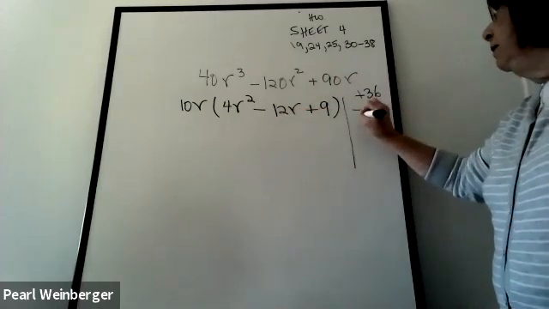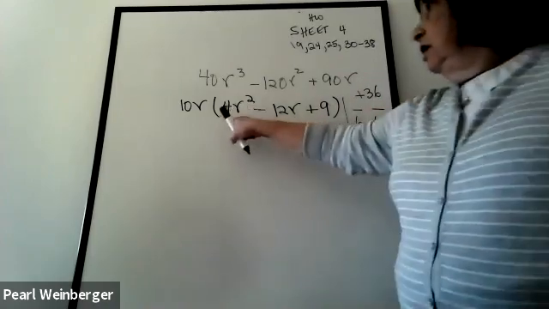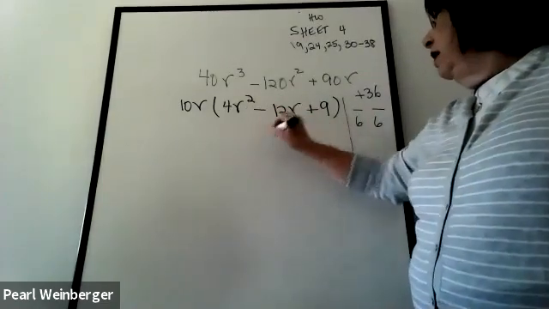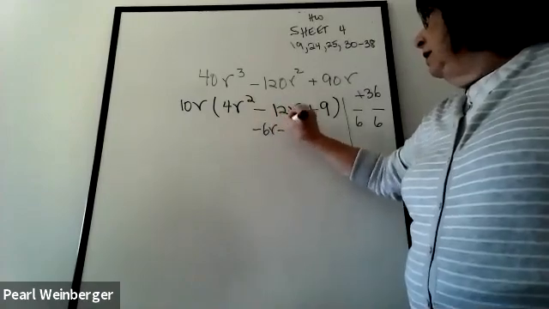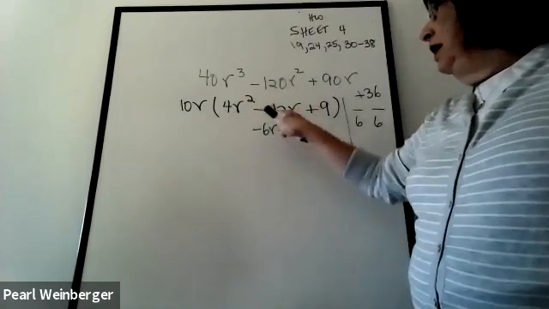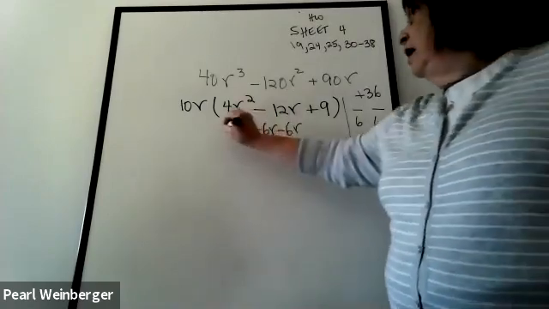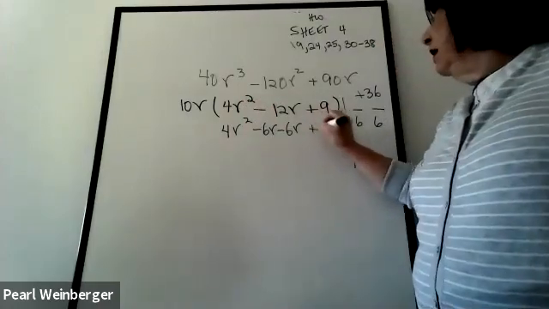Well, I think everybody might see that it's 6 and 6. In other words, I'm going to rewrite the negative 12r as negative 6r and negative 6r. I'm breaking up the negative 12r into two negative 6r's. I leave the 4r squared, I leave the plus 9.